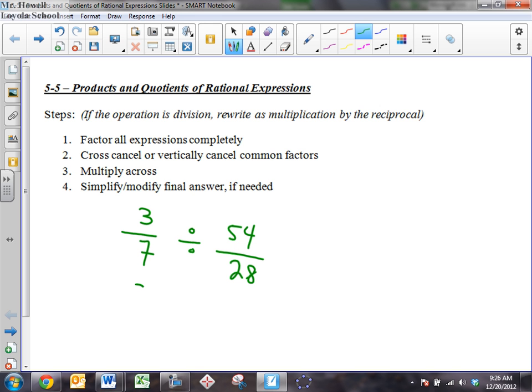So let's write this over. You've definitely seen this. Now, 28 over 54. What can I reduce this to?